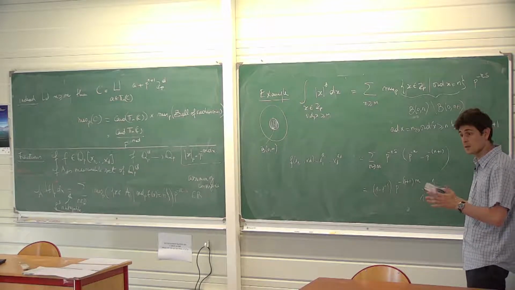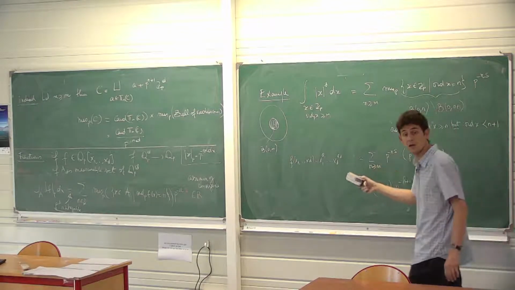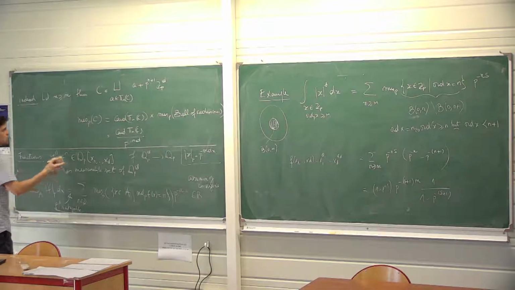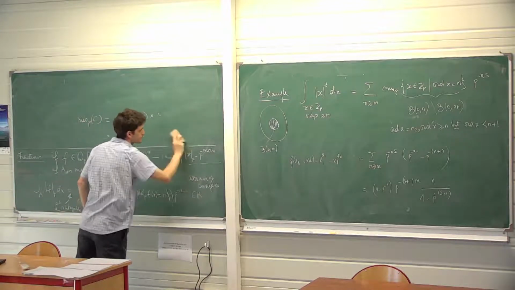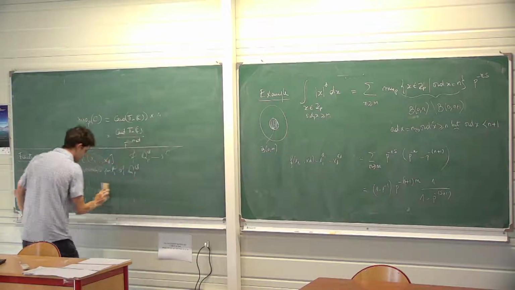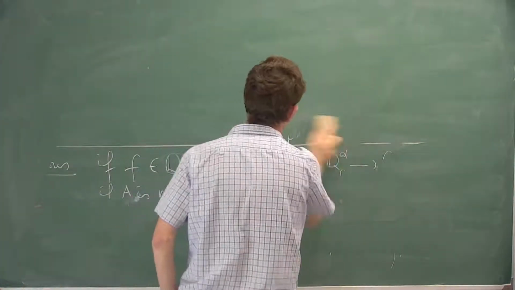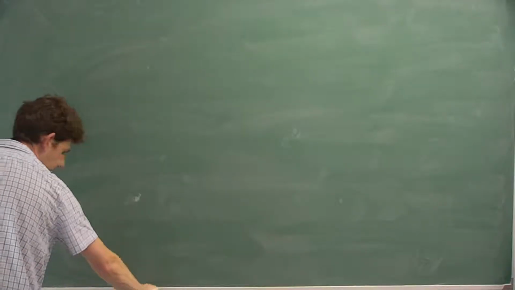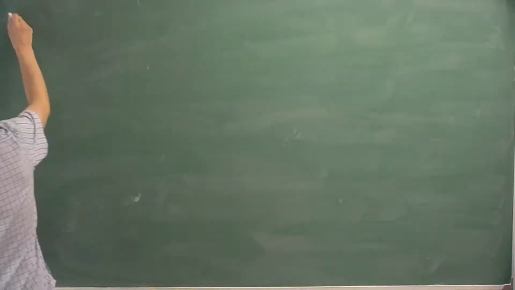That means you don't have a locally compact space, you don't have a Haar measure. So the idea is, what can we do in that case?